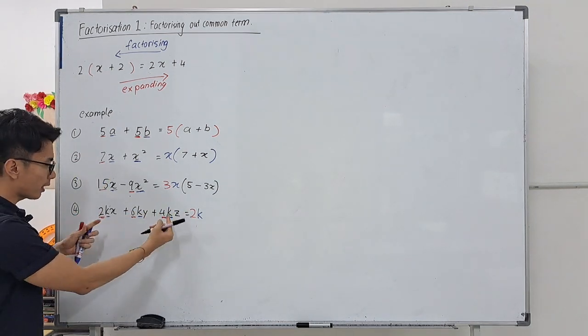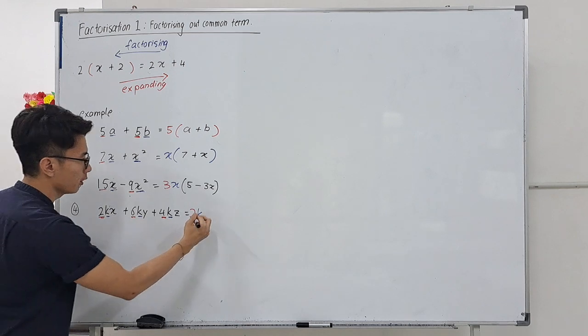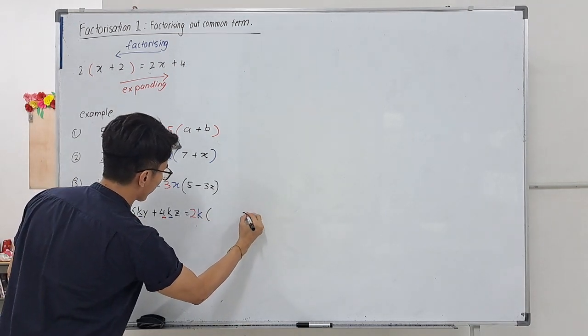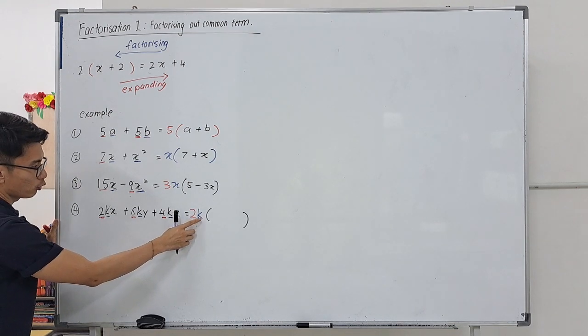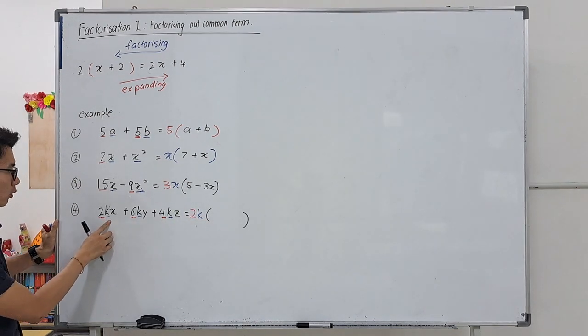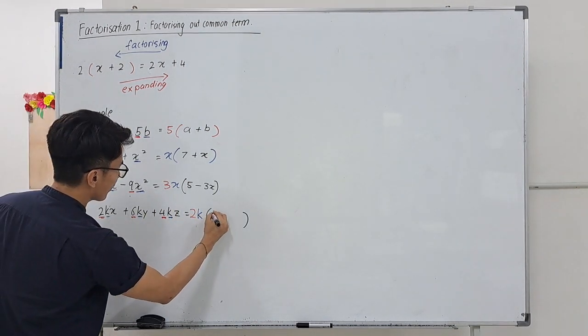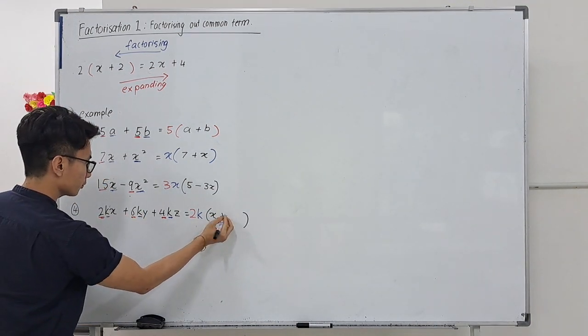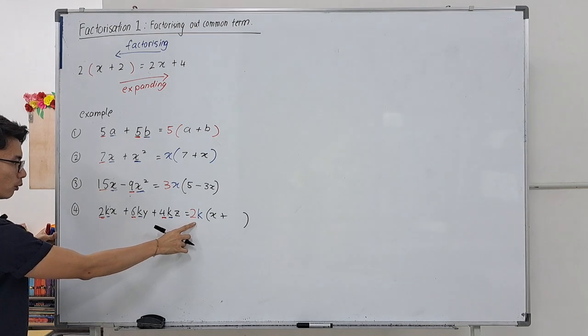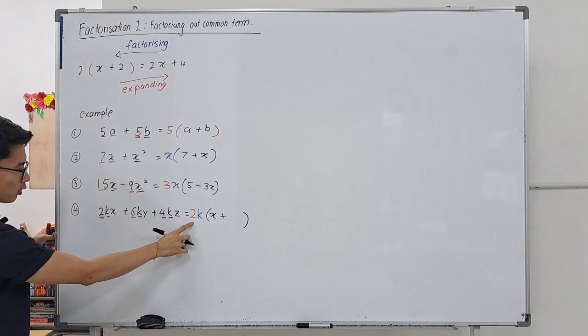So once I take out this thing from the expression, what's left inside the bracket here? Let's check the first one. Okay, this one has to multiply what to get this? So what's left? The thing that's left, that's going to be x only, right? Plus, okay, what is missing? So what's missing over here?